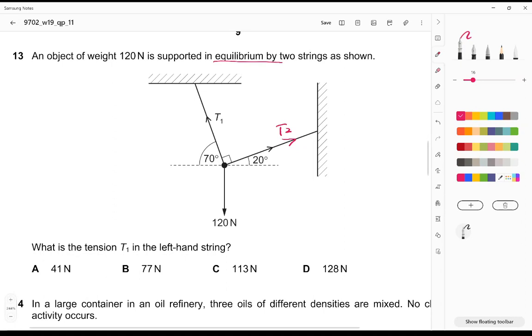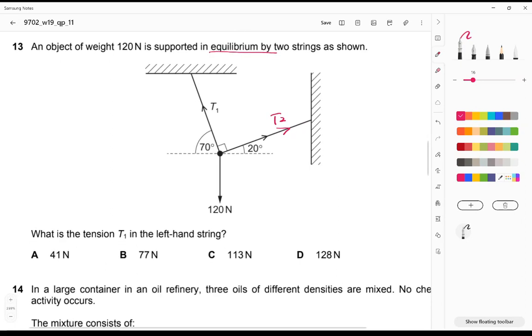I'm going to use the idea that the combined upward force must be equal to the combined downward force, or the forces on the right-hand side must be equal to the forces on the left-hand side. The first target is to find T2, but for that we need to work this out. So we are going to form equations and work this out.